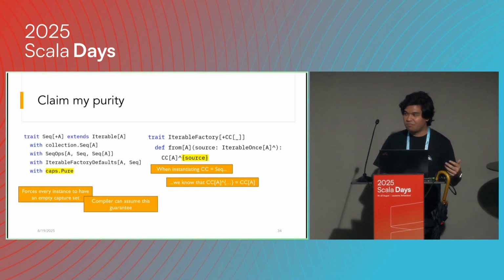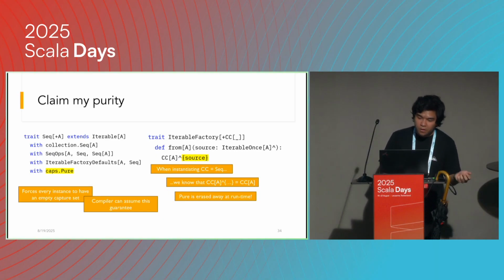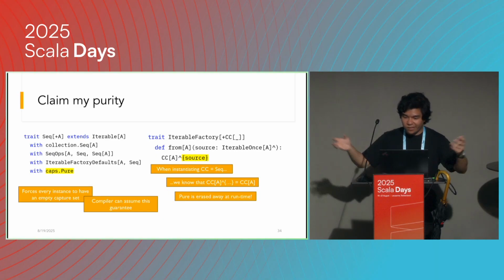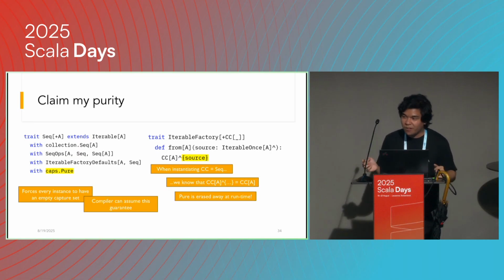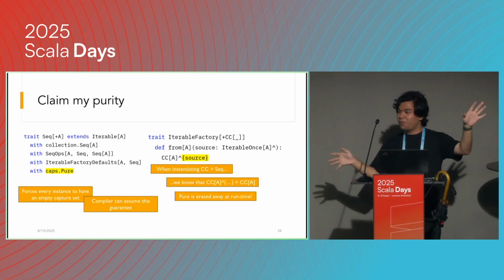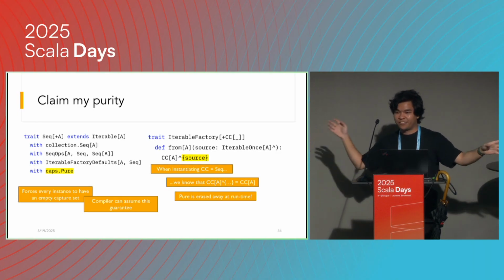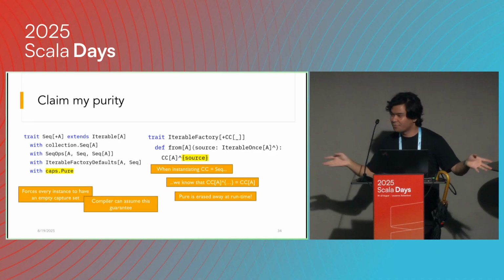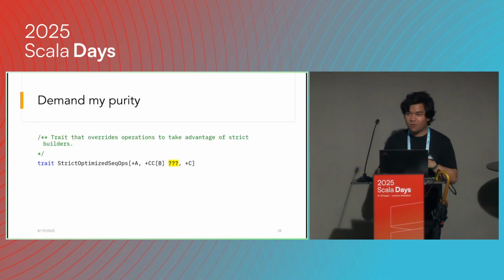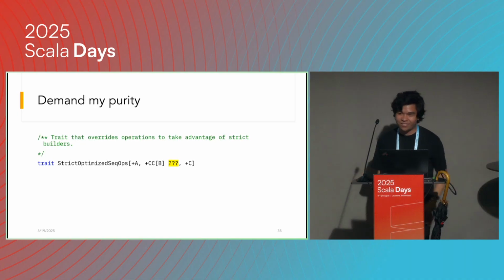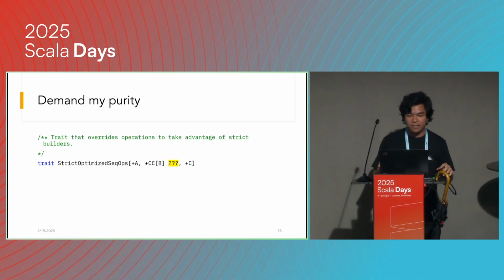So putting a capture set on it is equivalent to none because it can't capture anything, even if you pessimistically assume. And so it's all good. And we have this from function that just returns a pure collection. And then we erase Pure at erasure. So it's never a thing.